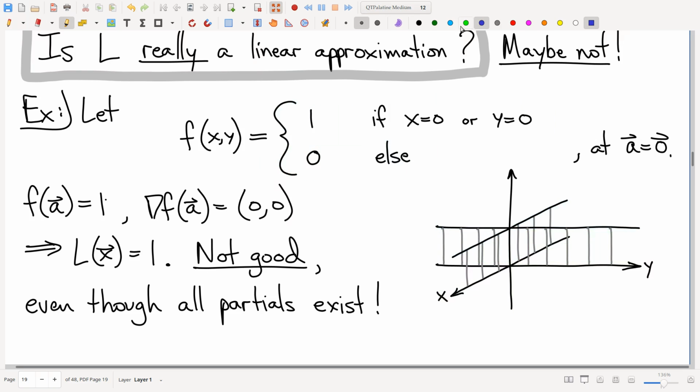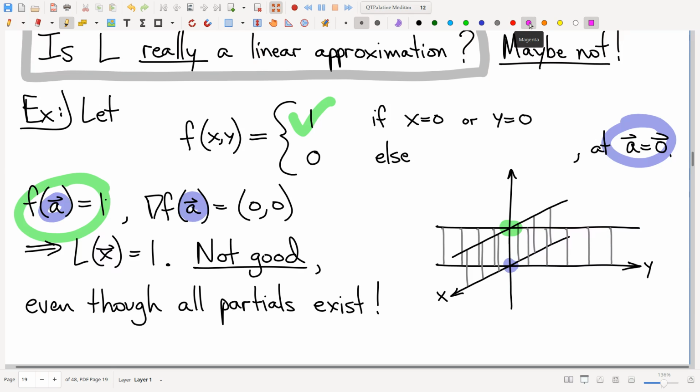Can I compute the value of this function at the origin? So we're going to look at the origin here. Well, the value of the function is clearly 1. And can I take the partial derivatives? Yeah, sure. No problem.